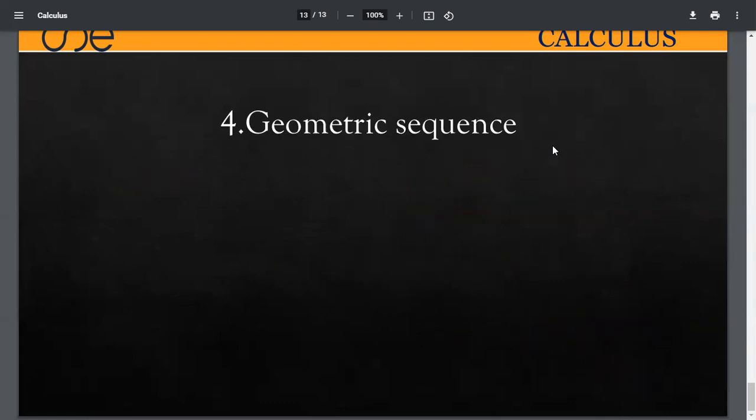Another use of geometric sequences. Suppose we have a geometric sequence a n that has the shape r power n, ratio to the power n.